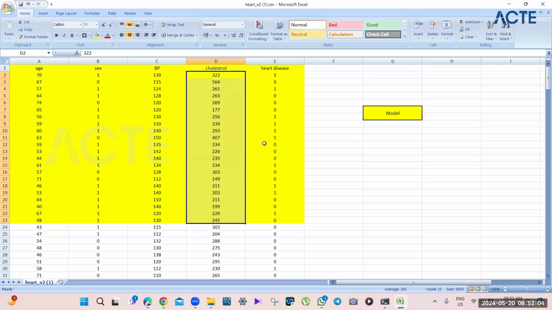Regression. Why regression? Because the question says how much, so it could be anything. It could be 1 kilo, 2 kilo, 10 kilo, 100 kilo, anything. So that is a regression problem. You are predicting a number which could be anything. There's no limit to that number.